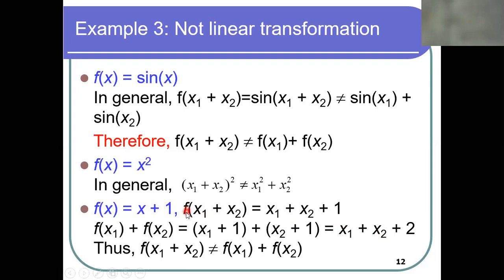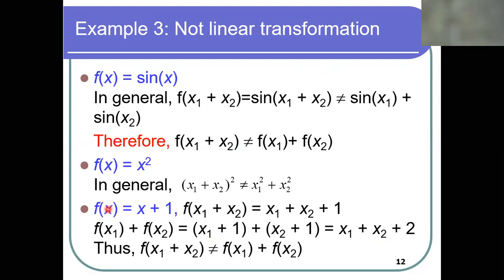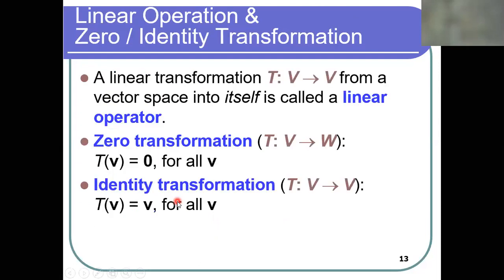In that case, the left hand side is not equivalent to the right hand side. So this function is also nonlinear. I take it as a transformation, not as a function. So treat these as transformations, not functions. These are all non-linear transformations.